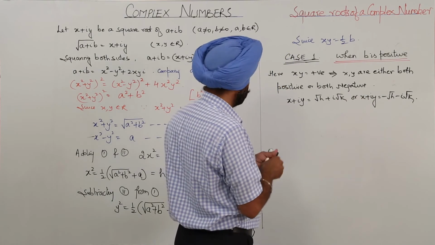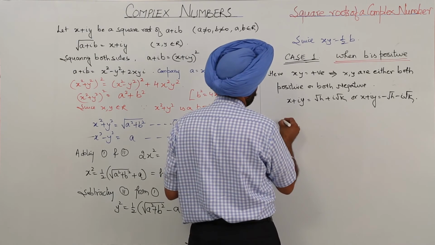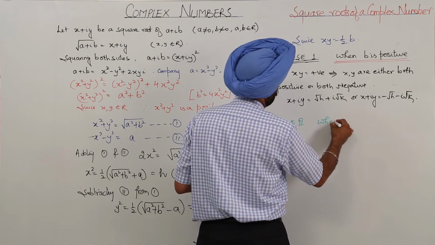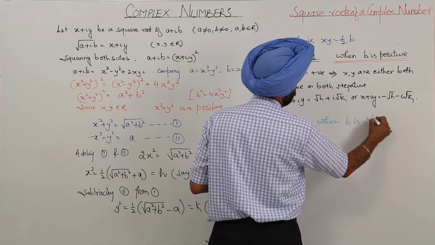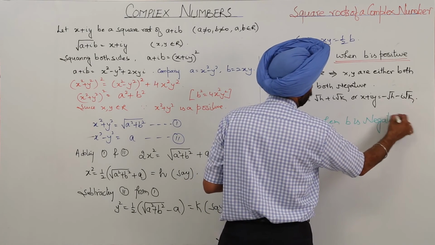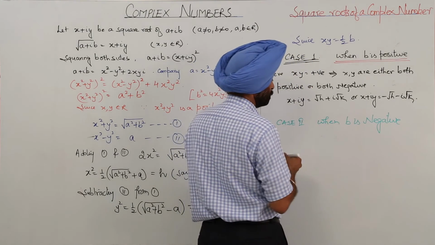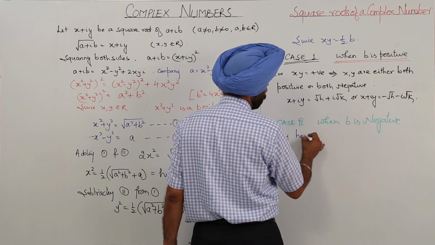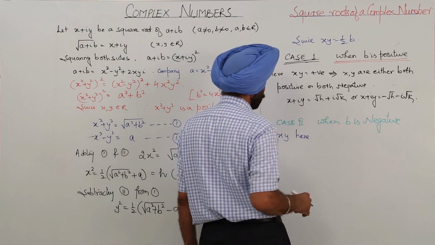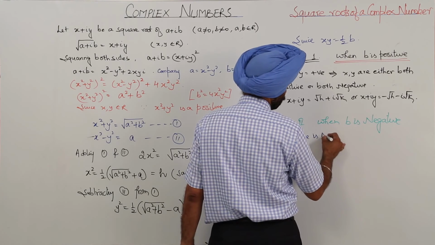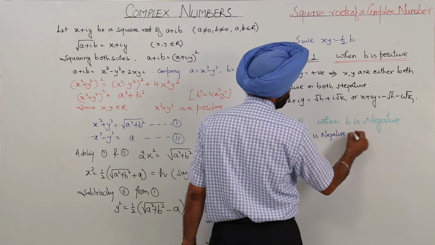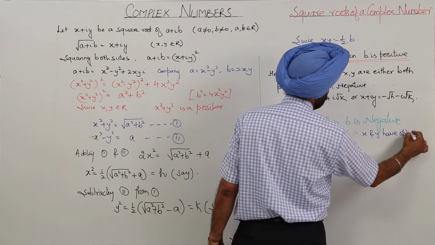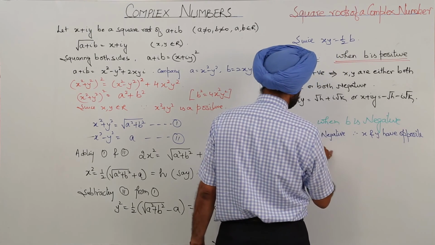Okay. Now, case 2. When b is negative. Now, here what are we getting? xy here is negative, therefore x and y have opposite signs.